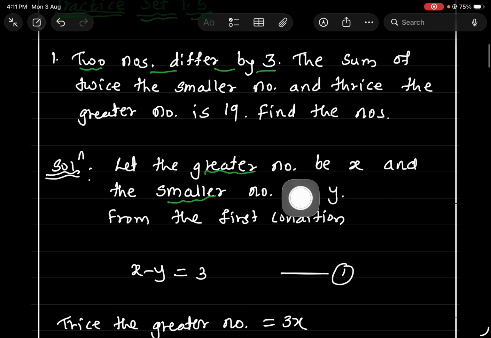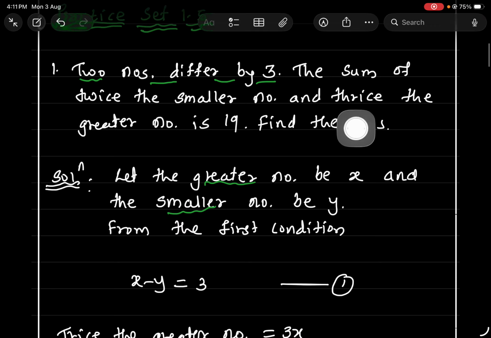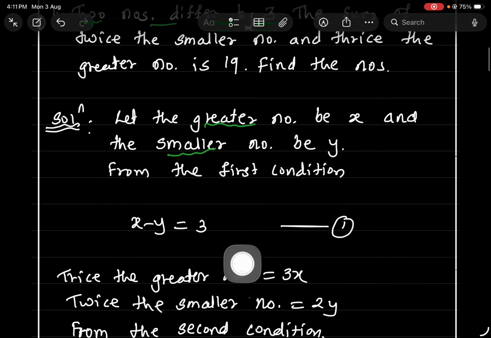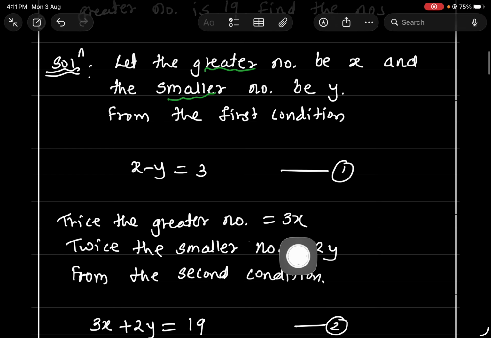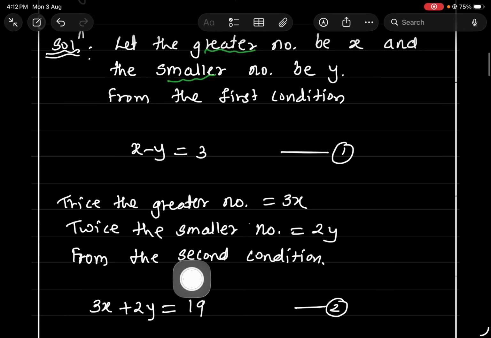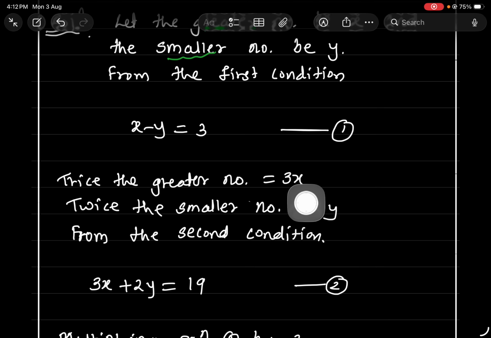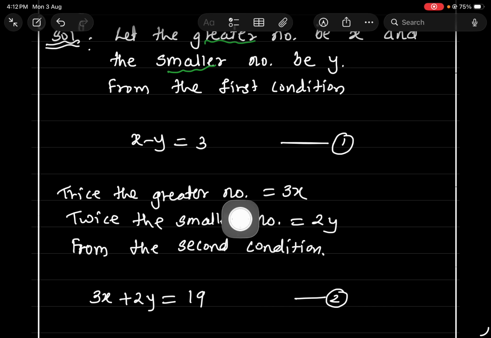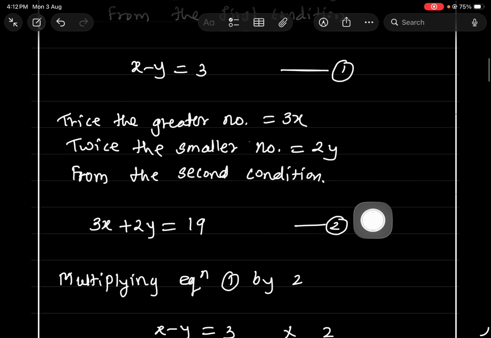Thrice the greater number means 3x, because x is the greater number and thrice means 3 times. Twice the smaller number, y, means double, 2y. So 3x plus 2y equal to 19. So we got the second equation.